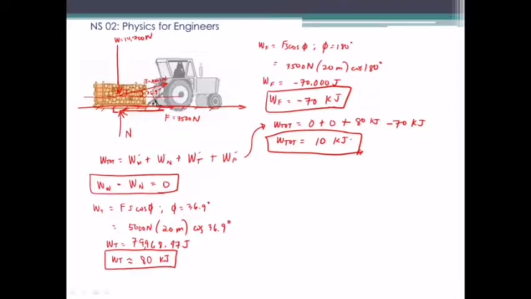Or let us try to solve this problem using the alternative solution.